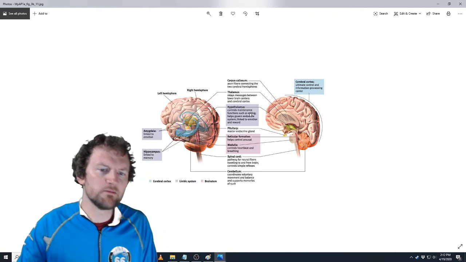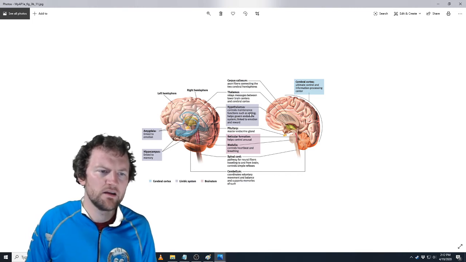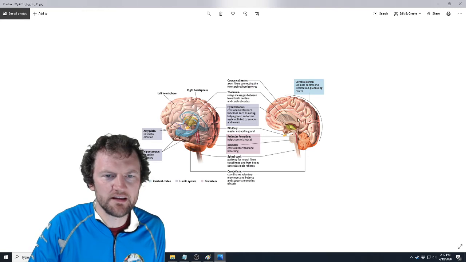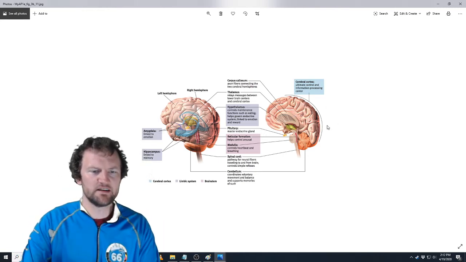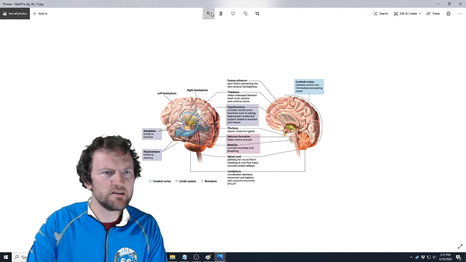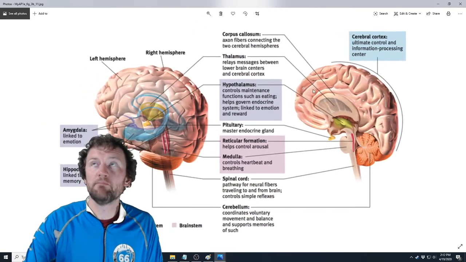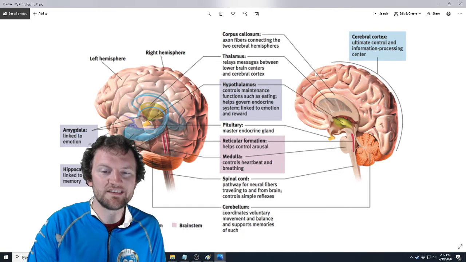The limbic system is like the system of organs inside of your brain, and I'll talk about some of the most common ones. There's the corpus callosum again, connecting the two hemispheres. The brain itself is divided into, can I make this bigger? Perfect. The big part of the brain is the cerebrum. So all this stuff right here, what you think of as the brain, is the cerebrum.